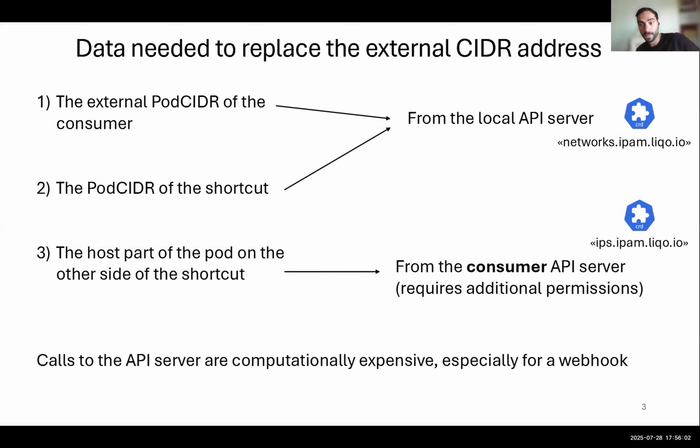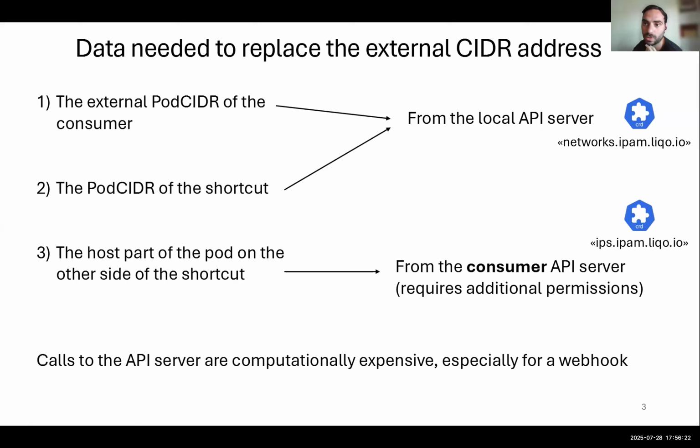This information is not that easy to retrieve, because the first two are in a CR directly on the provider, which is networks, but the other one is only present in the consumer.